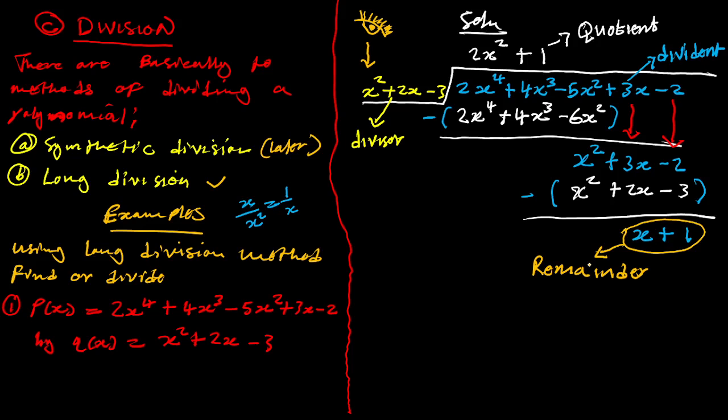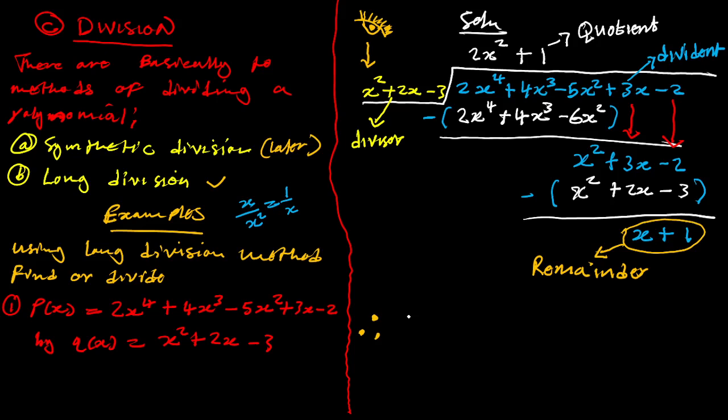Therefore, your answer, when you work out that, this is how you are supposed to write it. Please know how to write it. It's very important. So you're going to start with the quotient. You're going to write your answer, which is the quotient, 2x squared plus 1.